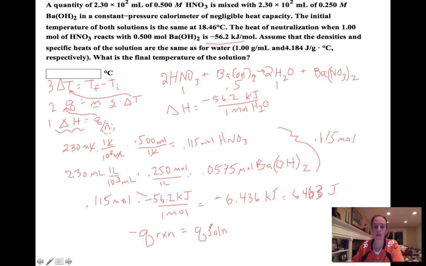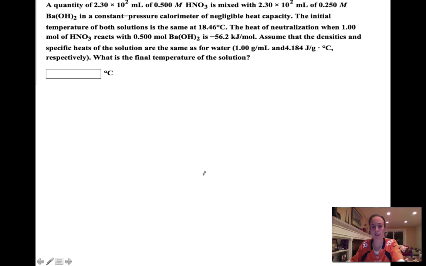So what I'm going to do is set up an expression for heat transfer, mass times specific heat times delta T, and I'm going to solve it for the solution, the water, and set it equal to a positive value of this heat transfer. So I'll do this on the next page just to start with a clean sheet.